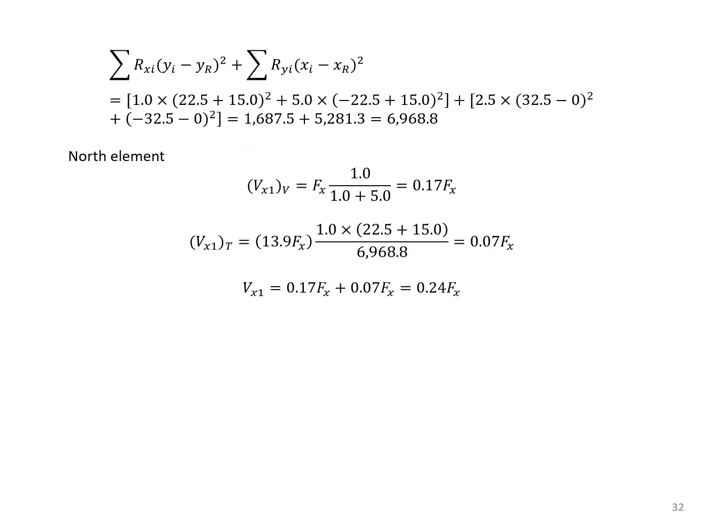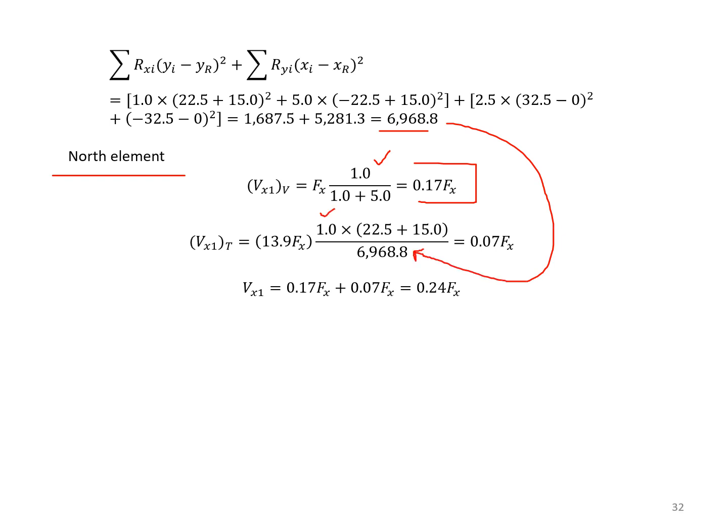This is the calculation for that denominator, and on the north element, rigidity was 1. Total rigidity is 6, so we are talking about 17% of Fx. That's the direct shear. Torsion effect, now take this value and plug it in there.